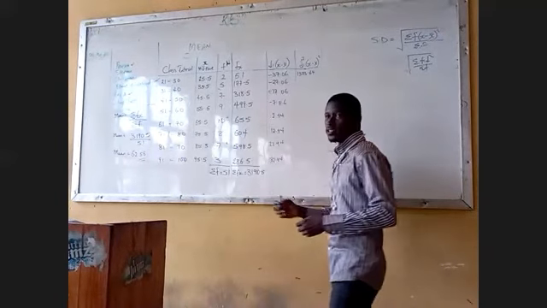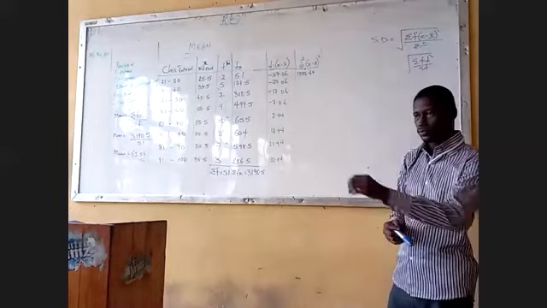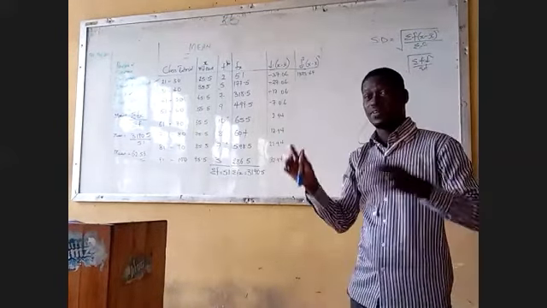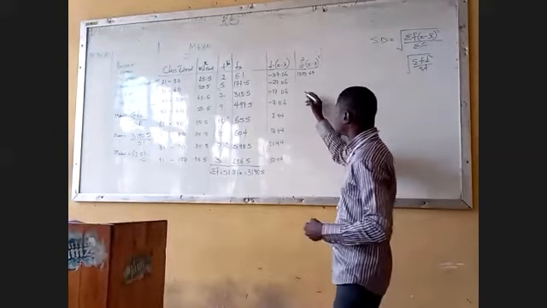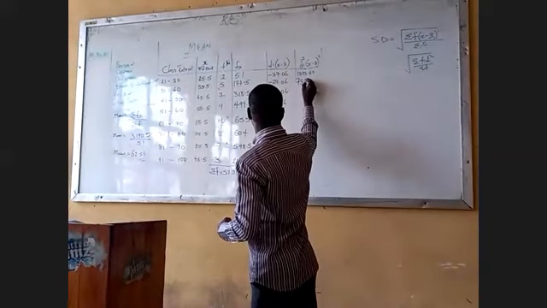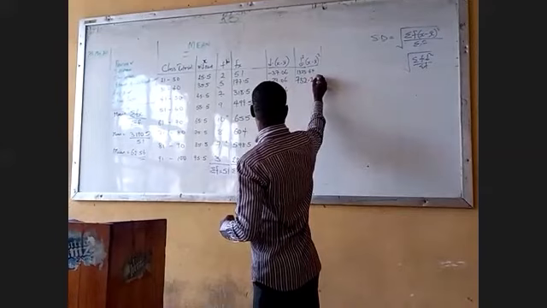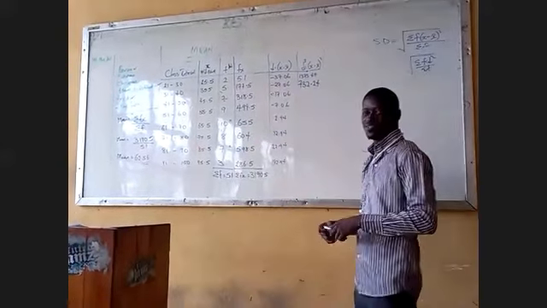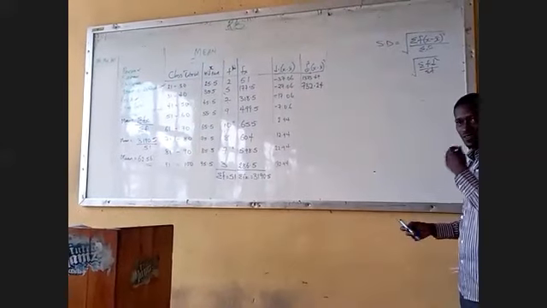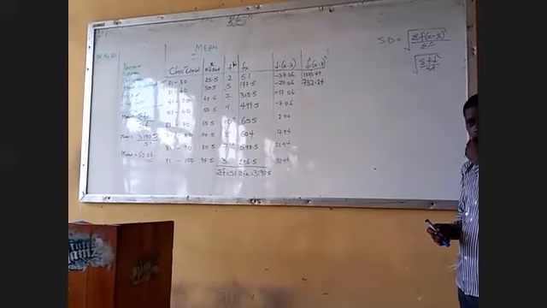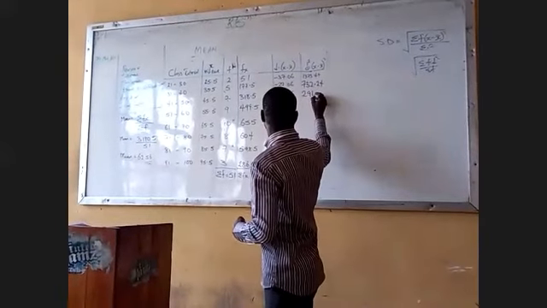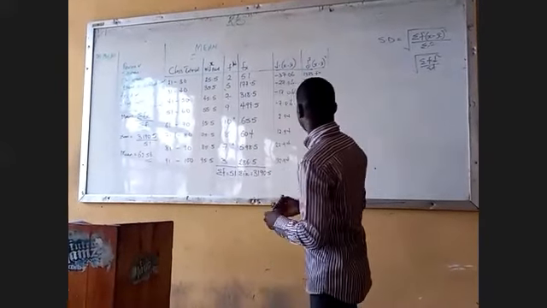Okay, 27.06 squared. Okay, I need to make it bigger. Are you sure? Okay, 17.06 squared. Okay, 1.06 squared.